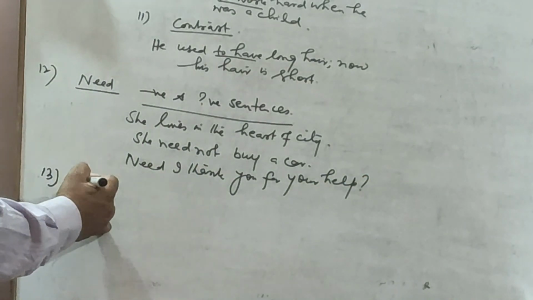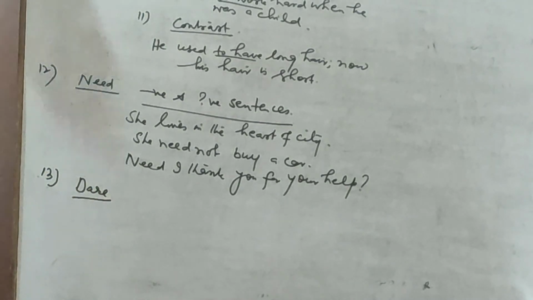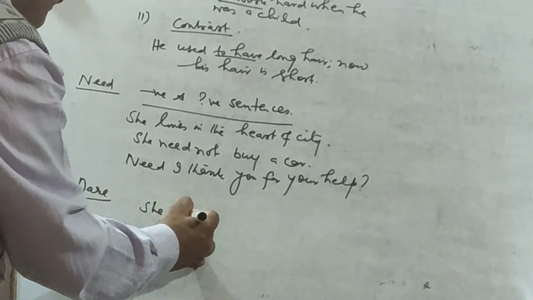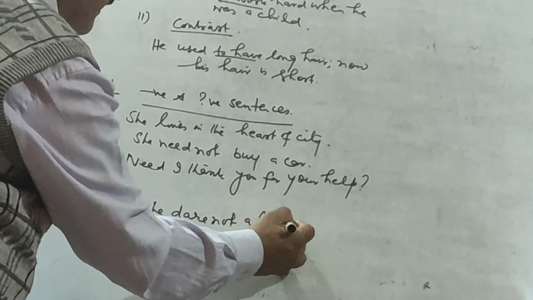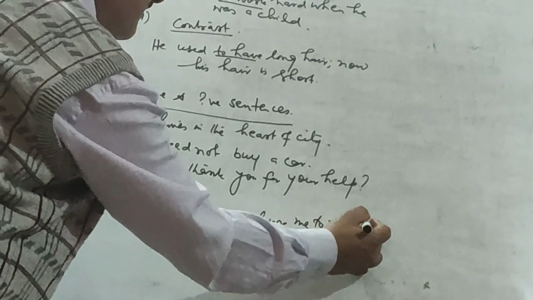Then the next modal is dare. Dare is also used in the negative and interrogative sentences, and it shows courage. For example, she dare not abuse me to my face.